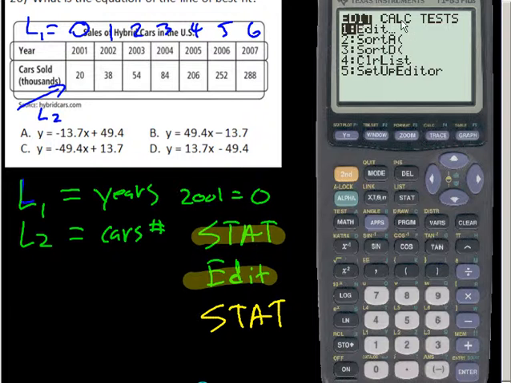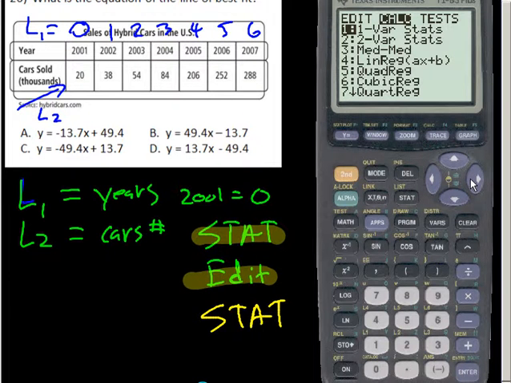So I go right arrow and choose, I'm doing a linear regression. How do I know it's linear? Well, I don't really care if linear is the best fit. I care that every equation in the answer right now is a linear equation. So I have to have a linear regression, and I expect that it's going to fit fairly well. So anyway, 4 is linear regression.